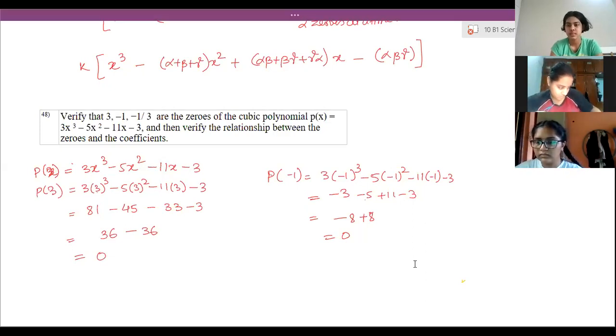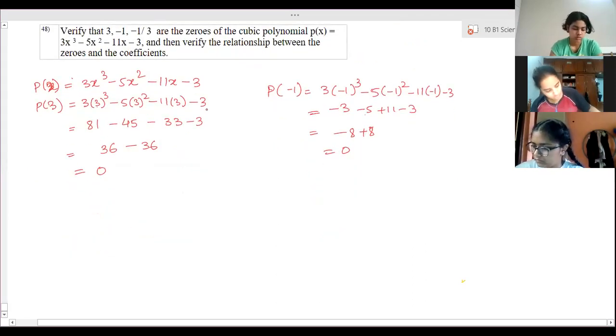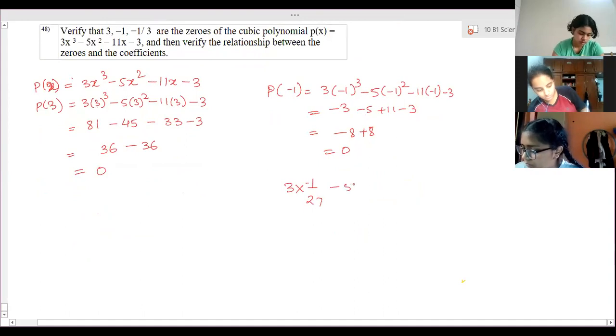Ma'am, I'm still not getting it. Anurag, multiplication and subtraction you are not able to do? Ma'am, I checked thrice, but still. 3 into 1 by 27, minus 5 into 1 by 9, plus 11 by 3, minus 3. So 3 by 27 is 1 by 9.